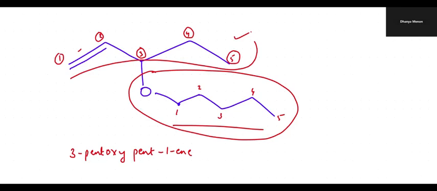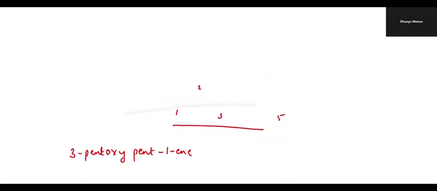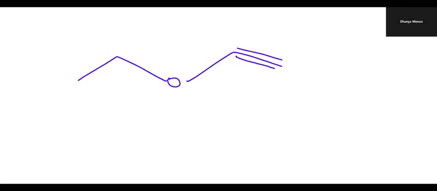Coming to the next question. Now, if you see this question, you have a double bond on one side and a triple bond on the other.